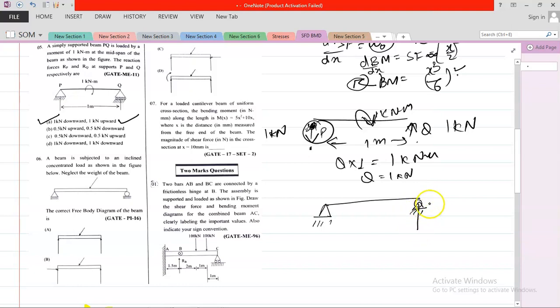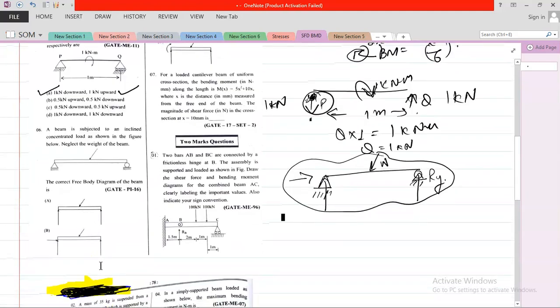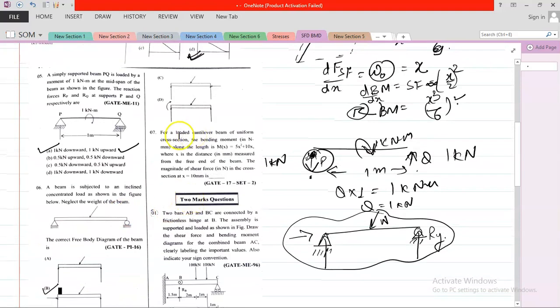You know a roller support produces only a Y reaction, and a pin support produces both X and Y. Now this is your load. So you can think of this diagram, and wherever you find this, it is correct. Anything like B is showing this diagram, so you can say that option B is correct.